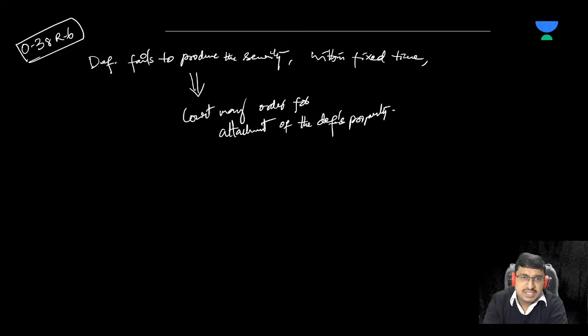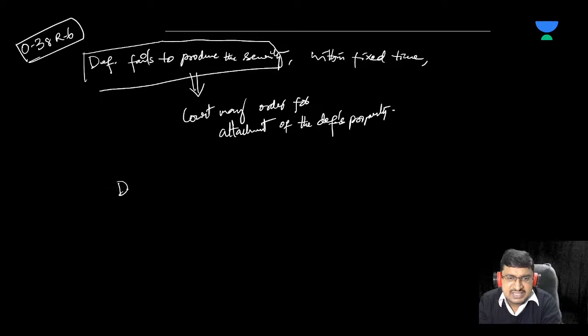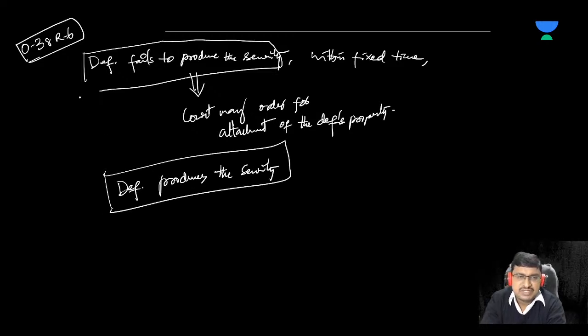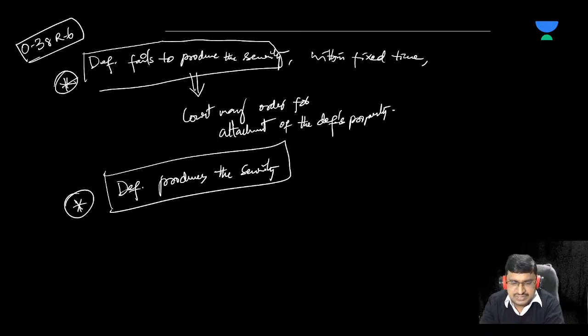If the defendant fails to produce the security, this is the case. What will happen if the defendant produces the security? If the defendant produces the security, then the property specified or any portion of it that has been attached, the attachment may be raised or withdrawn, friends.